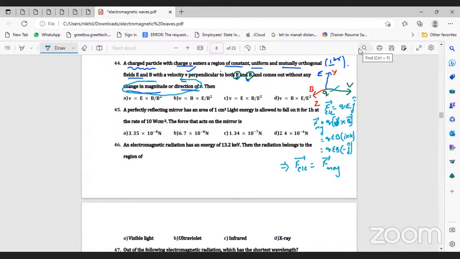If there is no change in the magnitude and the direction, what is the conclusion you can give? The net force must be 0. In order to get the net force as 0, the magnitude of the electric force and the magnitude of the magnetic force must be equal.